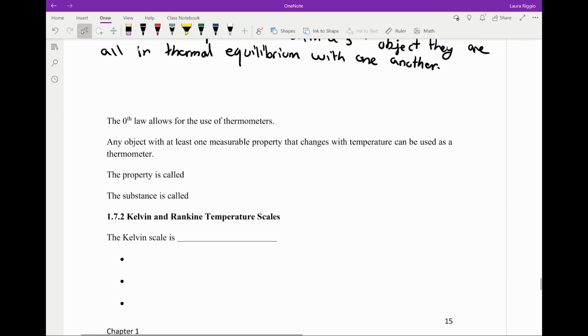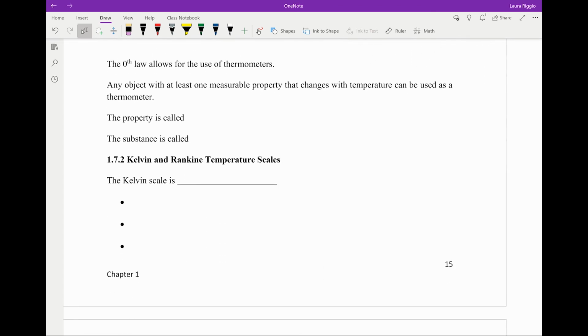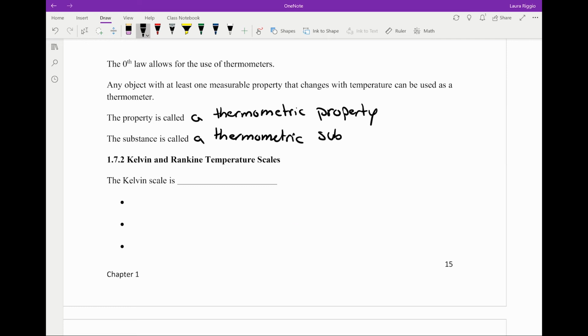Any object can really be used as a thermometer, but to be used as a thermometer, you have to exhibit a change in a physical property with temperature. That property is called a thermometric property, and the substance is called a thermometric substance.